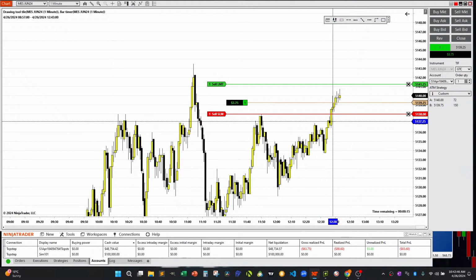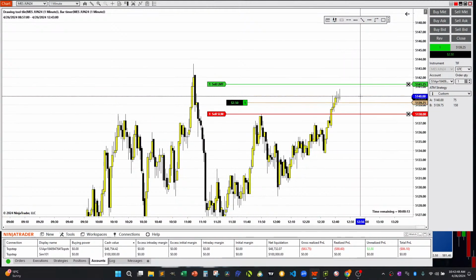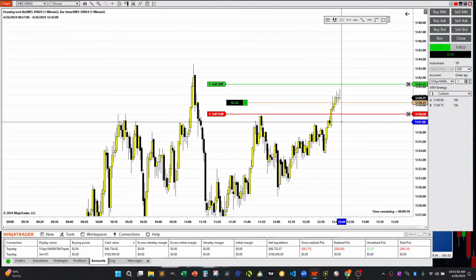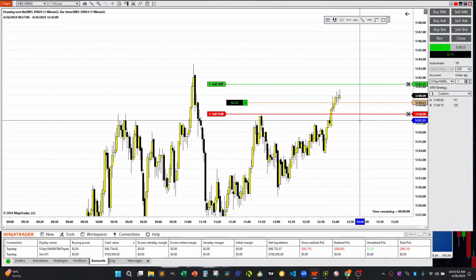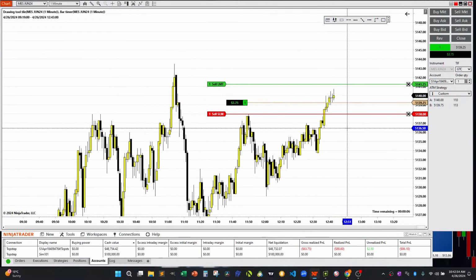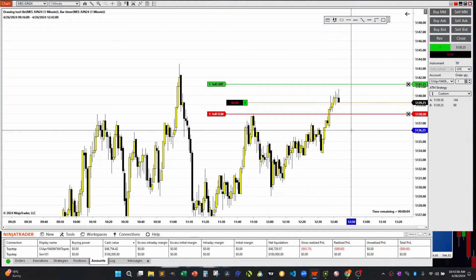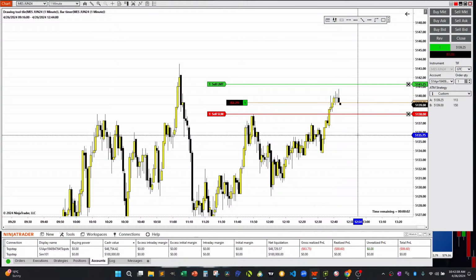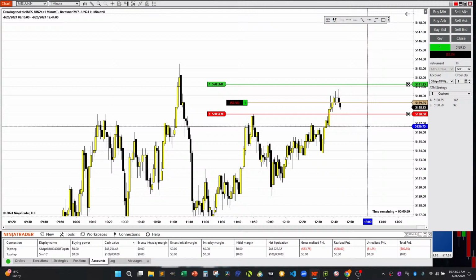So if we're using short targets like this, we really don't even have to look very far ahead. We only need to look a few candles ahead. The shorter the distance you have to look ahead, the much easier it is to kind of get a figuring of which way it's going.